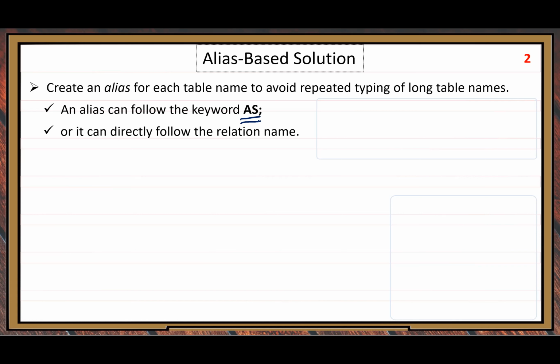All right. So directly follow the relation, and that means we can omit the as keyword. Yeah, all right. So let's look at this version. Pretty straightforward, but for each table, we define their corresponding aliases.